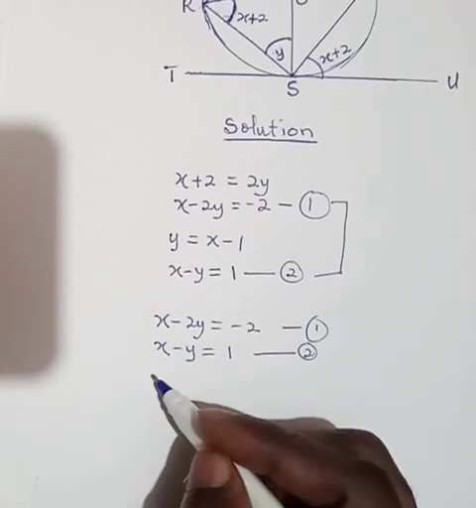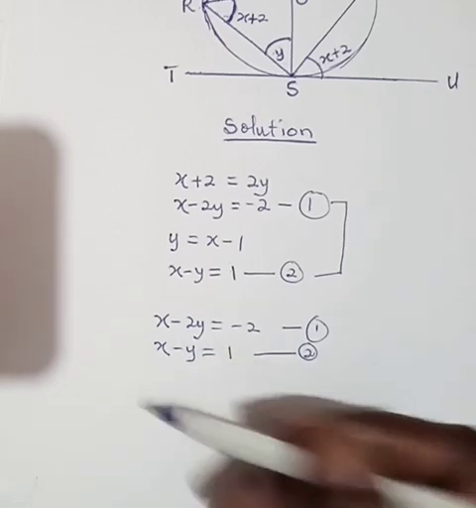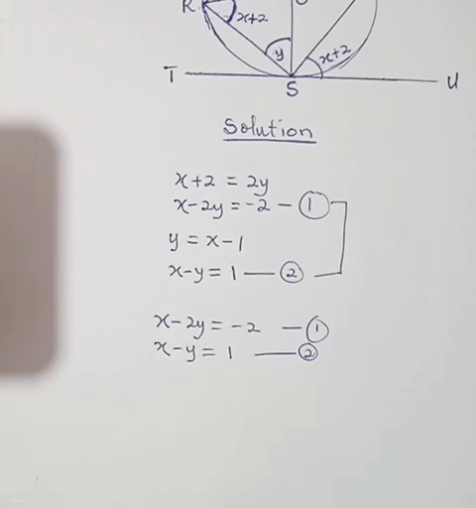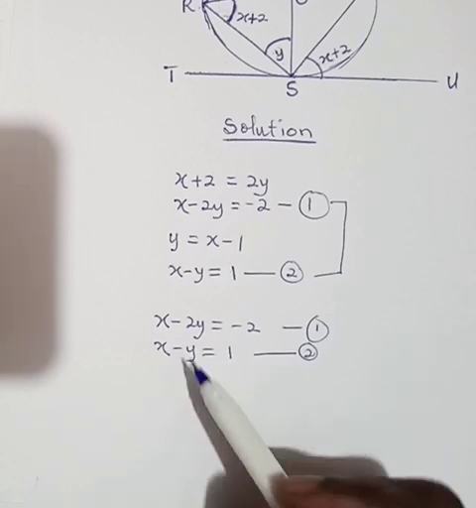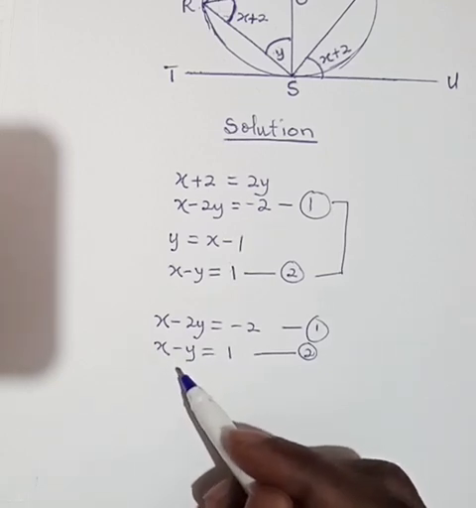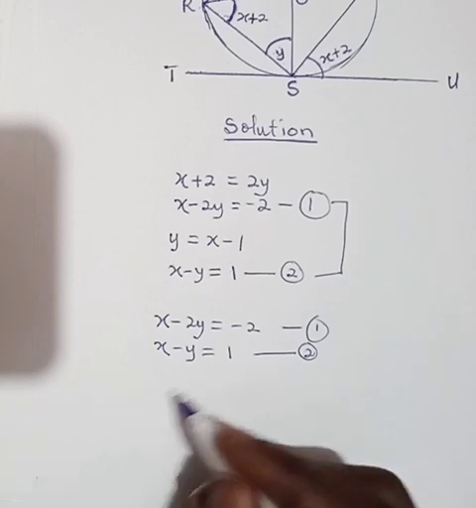So for this one we can use the elimination method. We can also use substitution. We can also use the graphical method. Since we have this equation here, I'm going to use the substitution method.